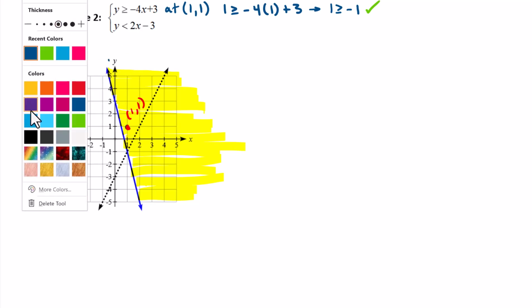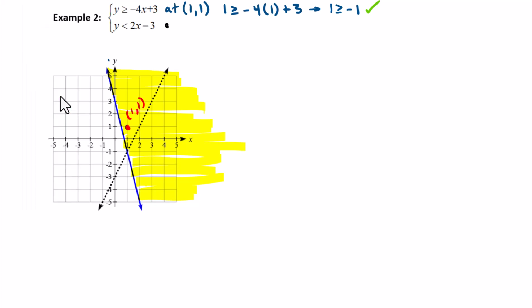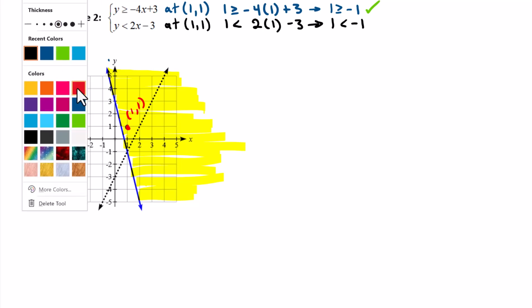Now let's try substituting it into the second one. At 1, 1, this will give me 1 is less than 2 times 1 minus 3, which would simplify to 1 is less than negative 1. And this is not a true statement.